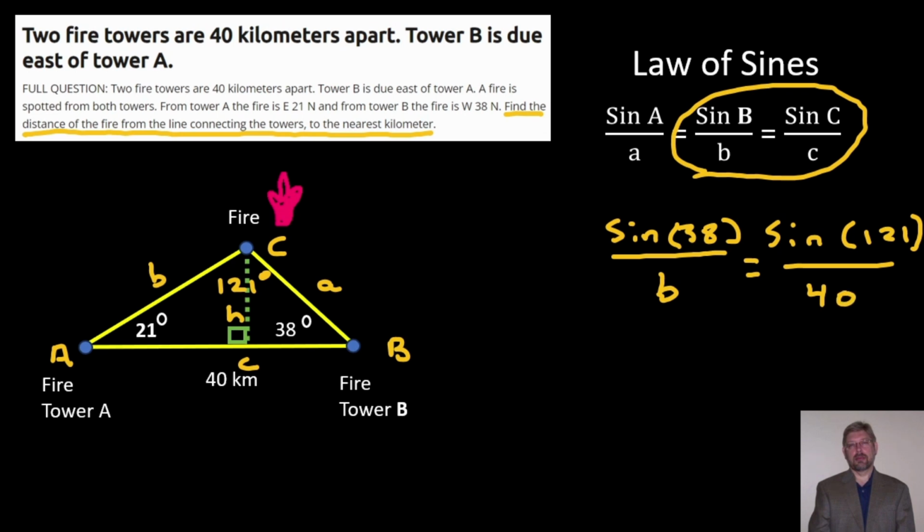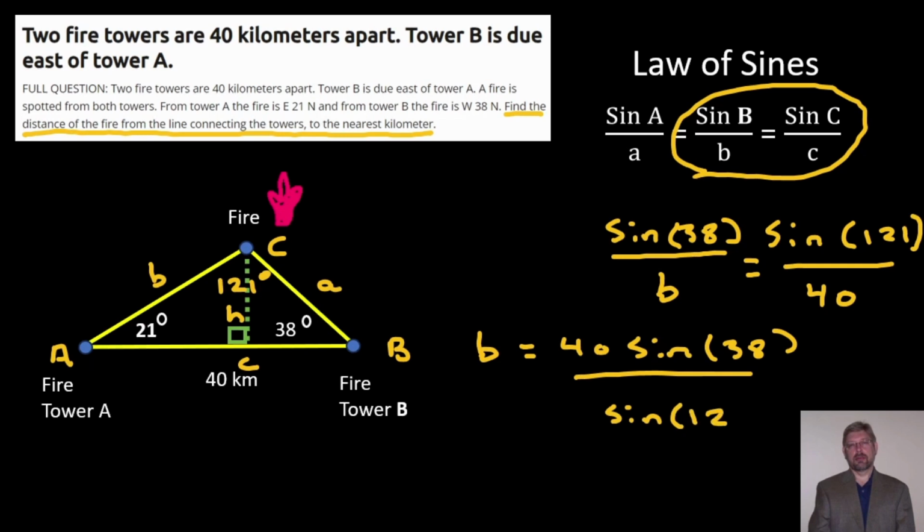So now all we have to do is just use some simple math, and we come up with b is equal to 40 times sine of our 38 degrees divided by sine of 121.